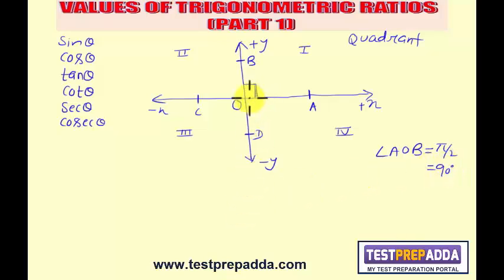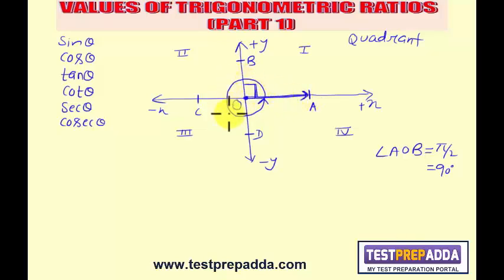Okay, now if I take a ray OA and if I rotate this ray about this origin O in the anti-clockwise direction, after one complete rotation it will coincide with its initial position, right?